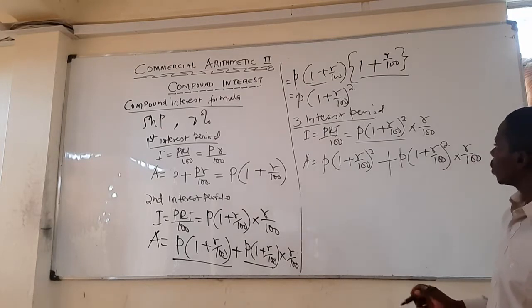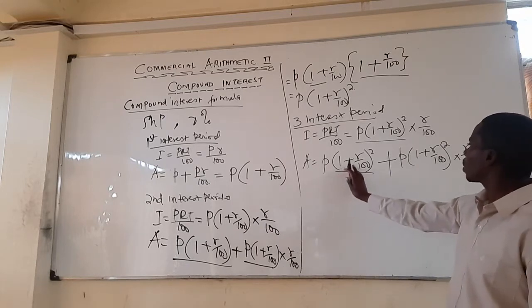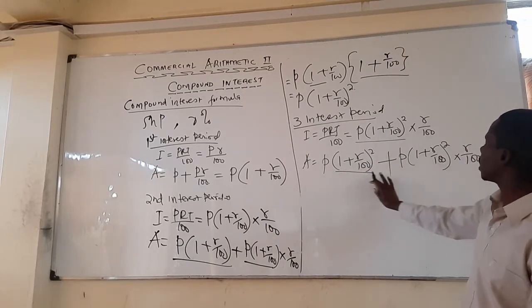When you look at these two, you can see that P into bracket 1 plus R over 100 squared is common in the two terms.